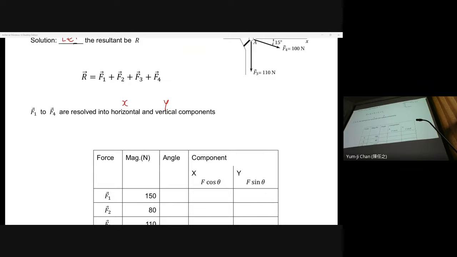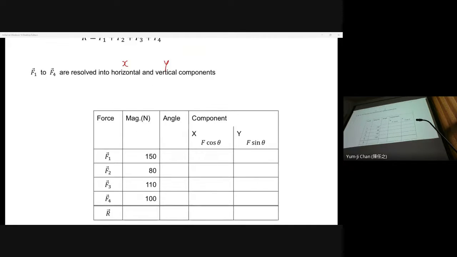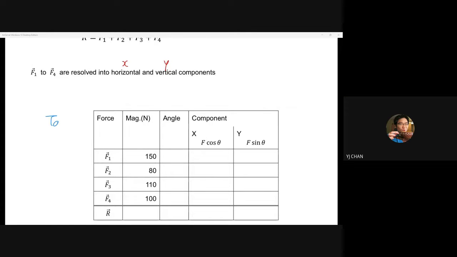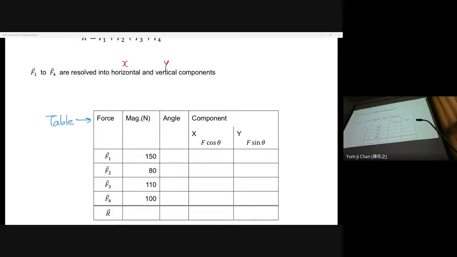So we draw a table here. The table looks like this. In English, we say these are columns, and we have different rows.